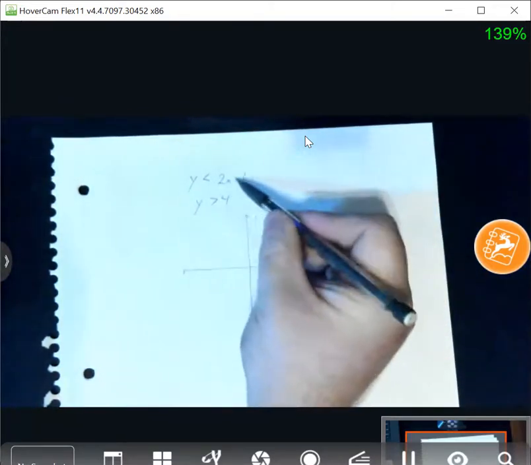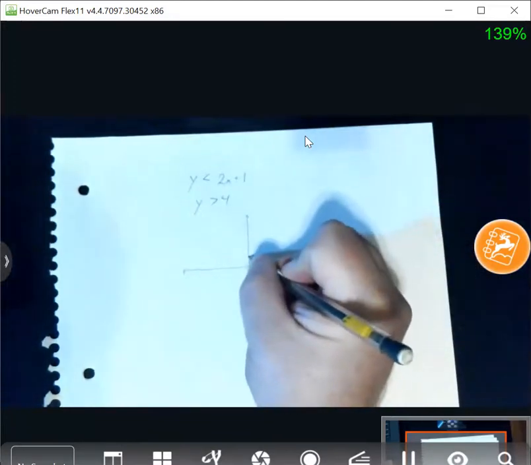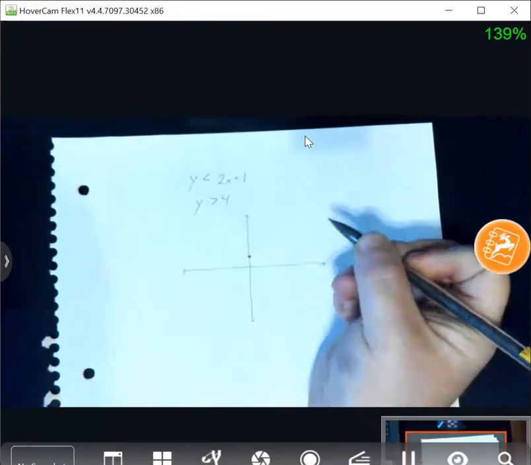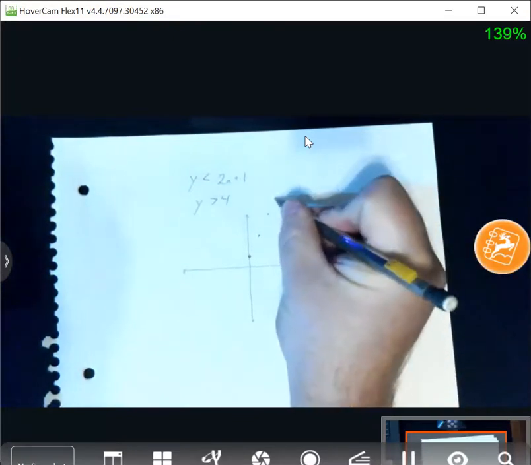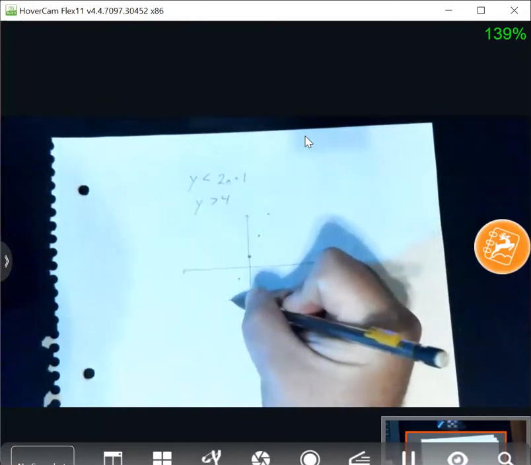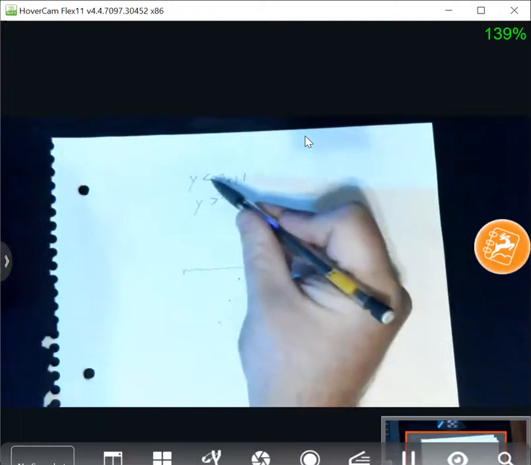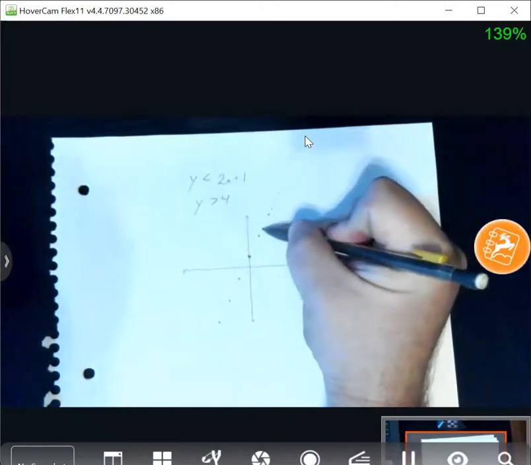So if I go to graph y is less than 2x plus 1, I just pretend it's y equals 2x plus 1. So I have a y-intercept at 1, and I have a slope of 2 again. And since this is a less than, I need a dotted line.